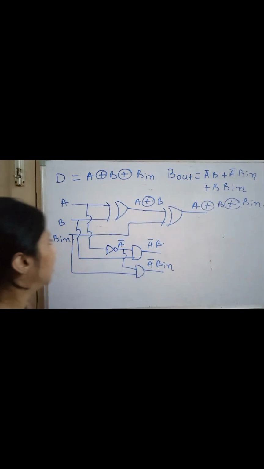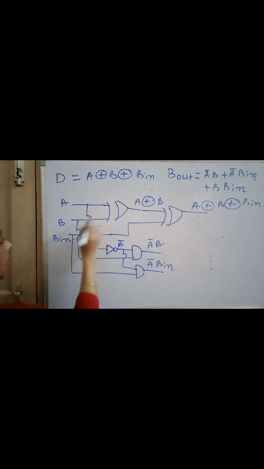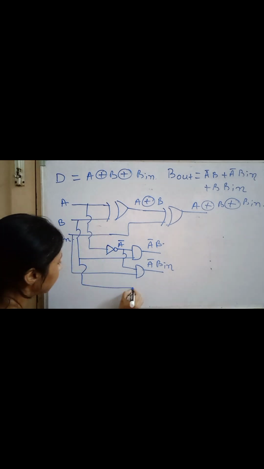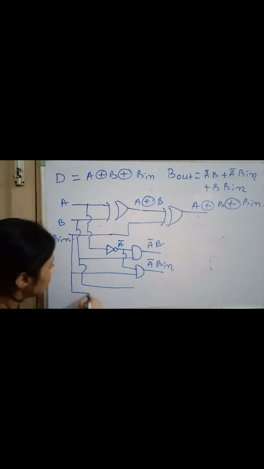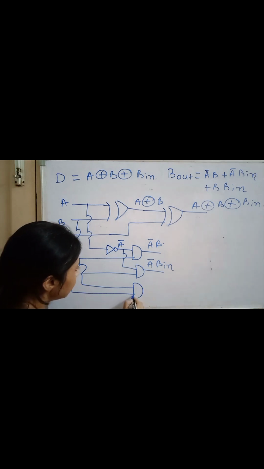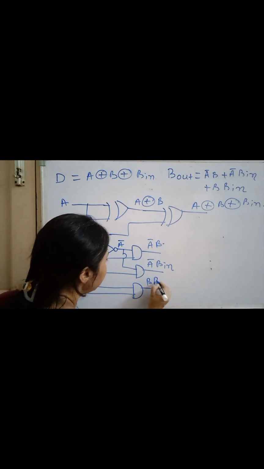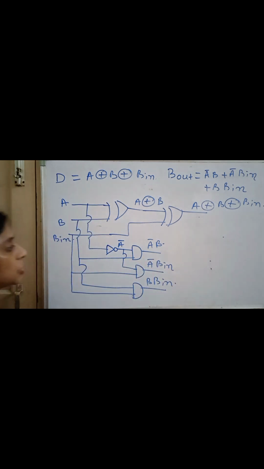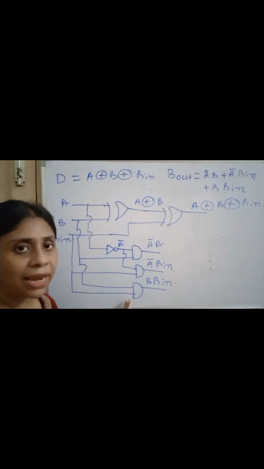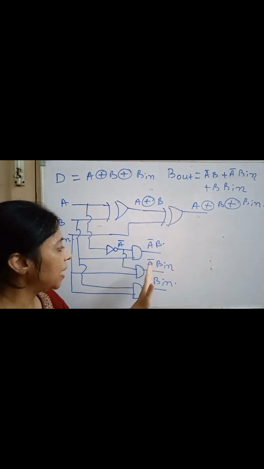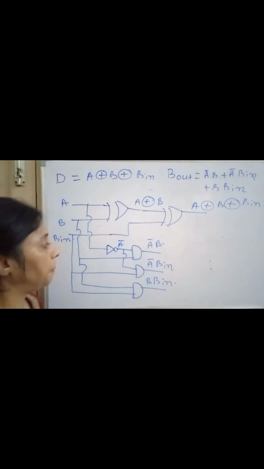Then B B in. So this is our B and this is B in. So B B in. So we have taken 3 AND gates and we are having A bar B, A bar B in and B B in.